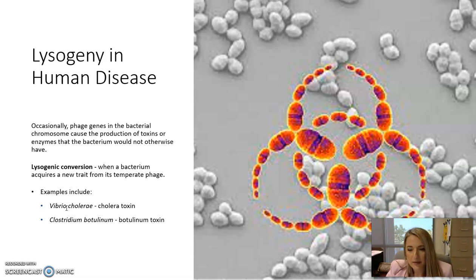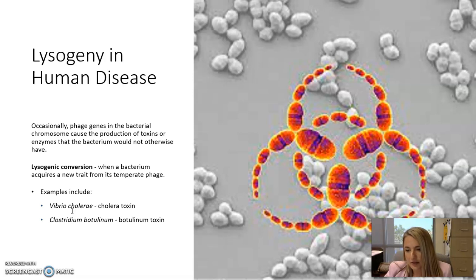But what happened is at one point in history, these bacteria got infected with a bacteriophage. And that bacteriophage went through the temperate life cycle. And it inserted its DNA into the DNA of these bacteria. And then when these bacteria went through division and made more of their own, those future bacteria also had that viral DNA that came from the bacteriophage.